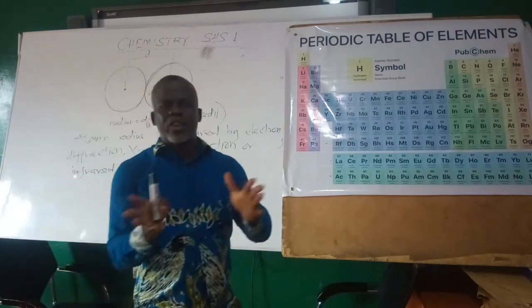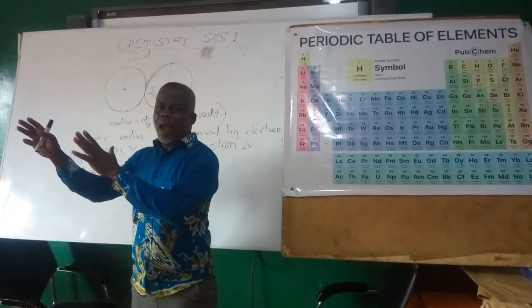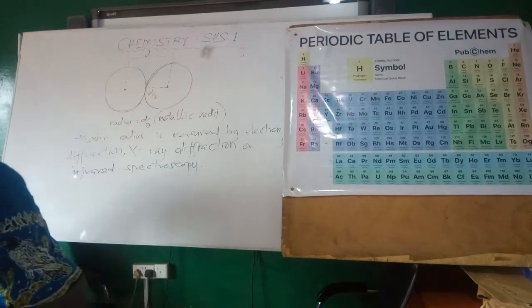Now let's look at the trends of the atomic radius across a period and down a group.